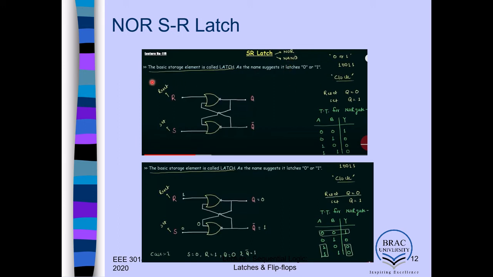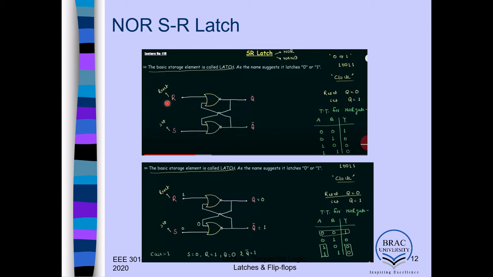The basic function of a latch is a storage element which stores either 0 or 1. Just look here. So this is your NOR gate. Therefore it's called NOR latch.